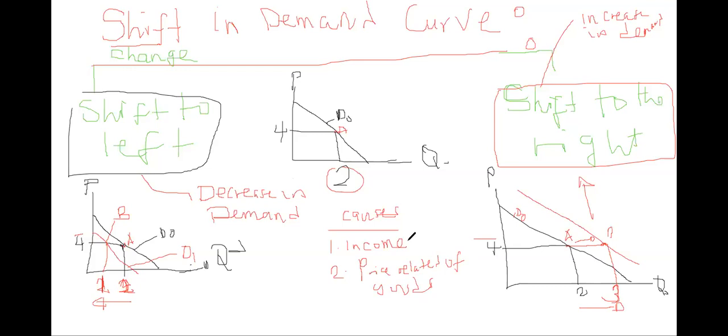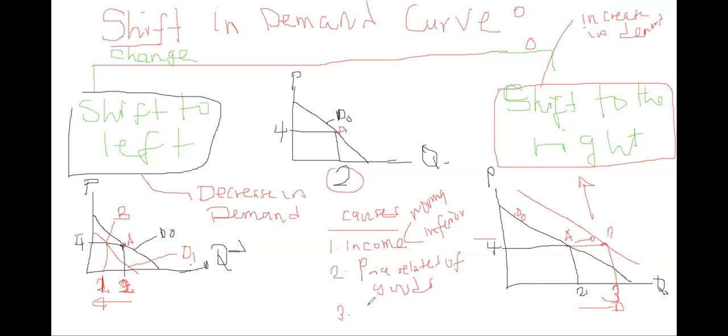But remember also that this applies to what we will look at, normal goods, whether the good is normal or inferior. The most important thing for today is to understand that the possible causes can be income and price of related goods. When we talk about price of related goods, like for example meat and fish, when the price of one changes, it affects the demand of the other. That's what we mean by price of related goods.